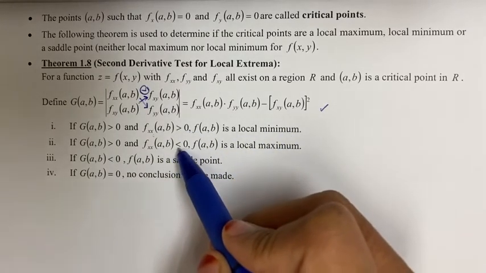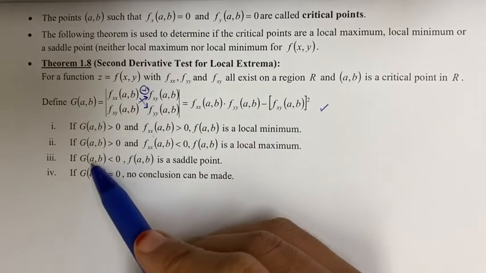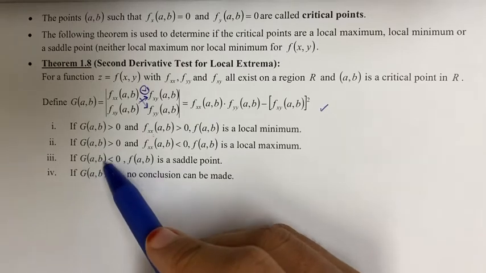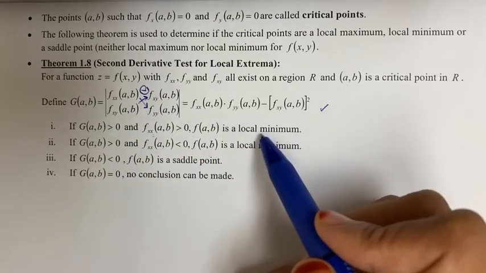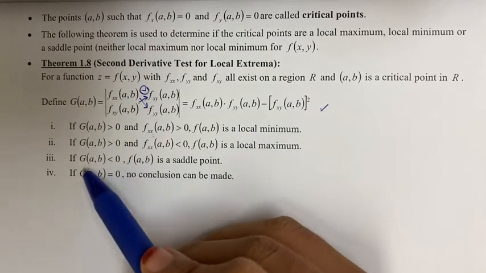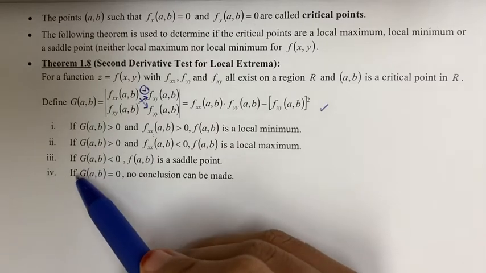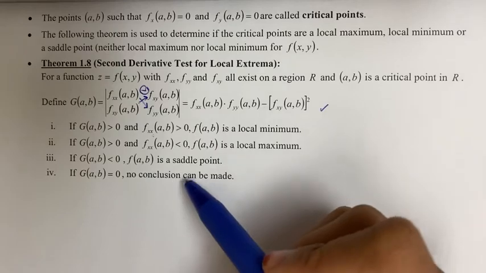But if it is less than 0, it is a local maximum. And the third conclusion is if G(a,b) is less than 0, it is a saddle point, neither a local minimum nor a local maximum. And the last conclusion is if G(a,b) is equal to 0, there is no conclusion.